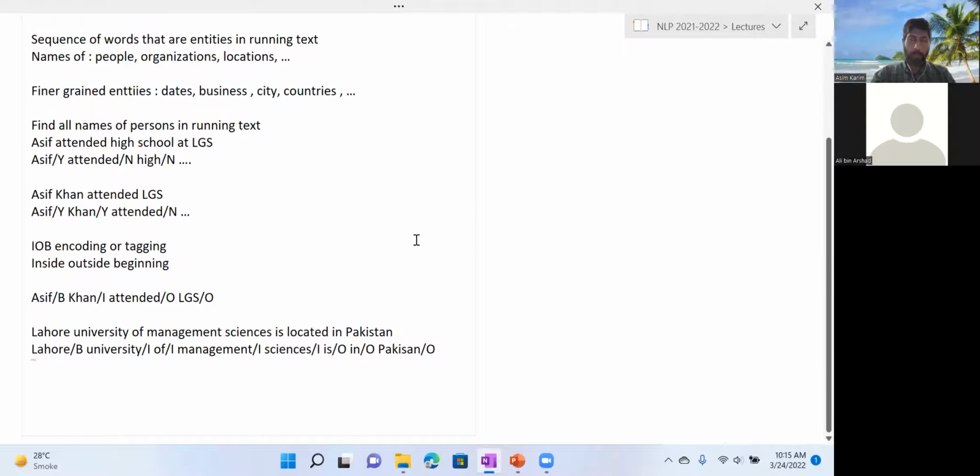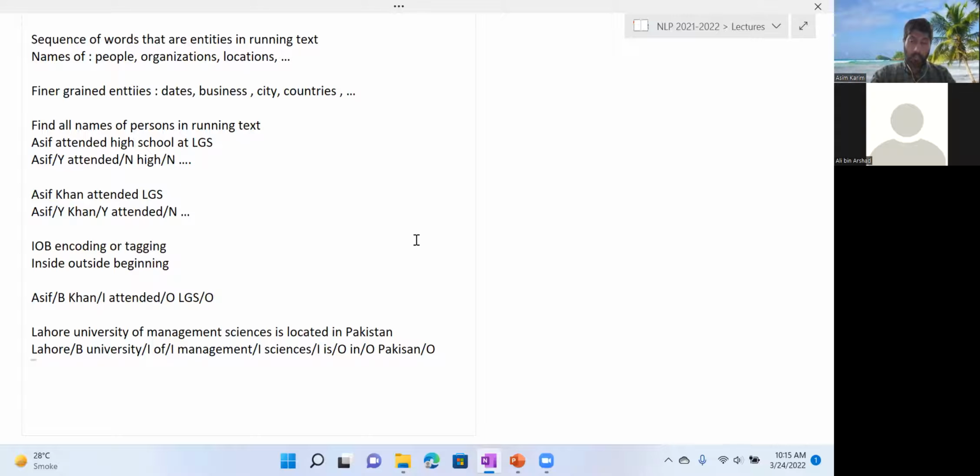Okay, is this point clear? With this encoding, it essentially becomes very similar to POS tagging, a sequence labeling or decoding problem. Given running text, I want to get the labels from the appropriate set of labels.